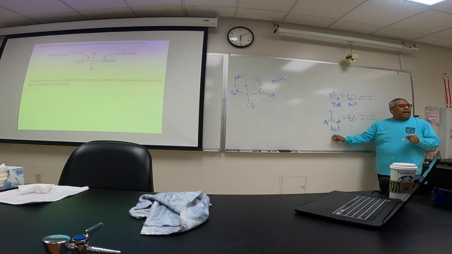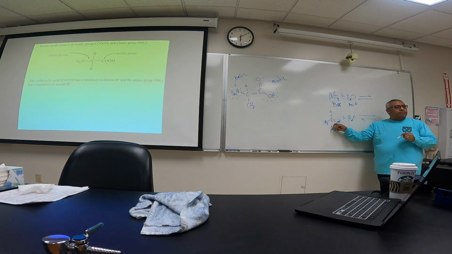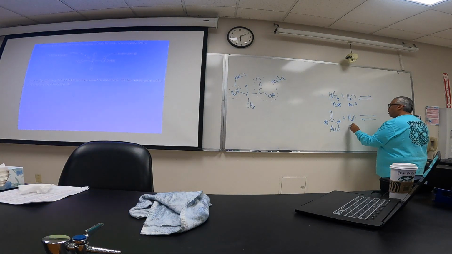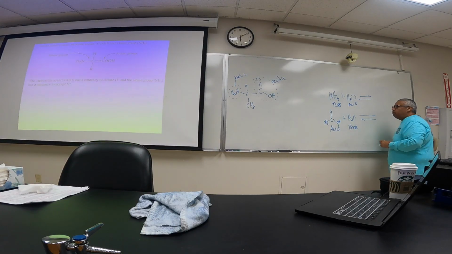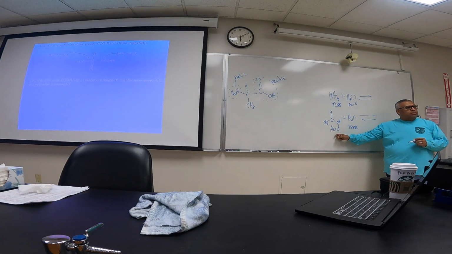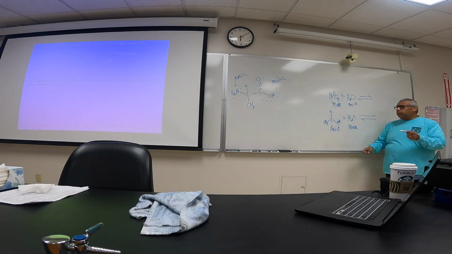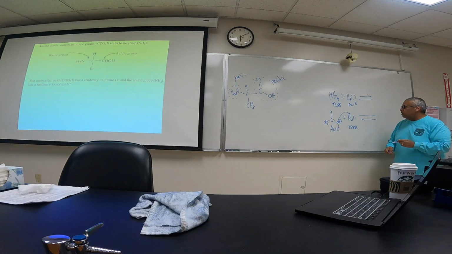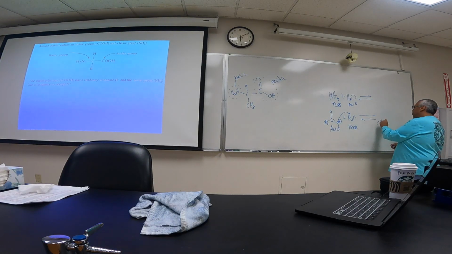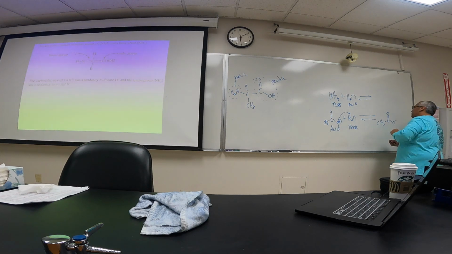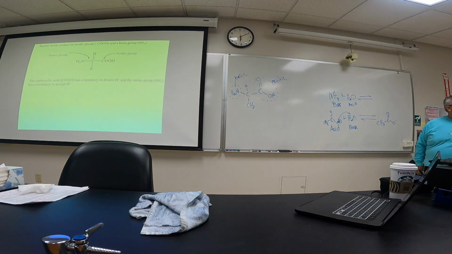We know that this is an acid because it's a carboxylic acid functional group. This is acetic acid, and water is acting as my base. Do acids donate or do they accept hydrogens? They donate. So this hydrogen gets donated and we go from acetic acid to acetate.